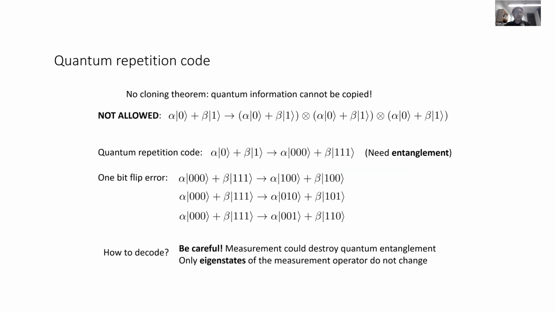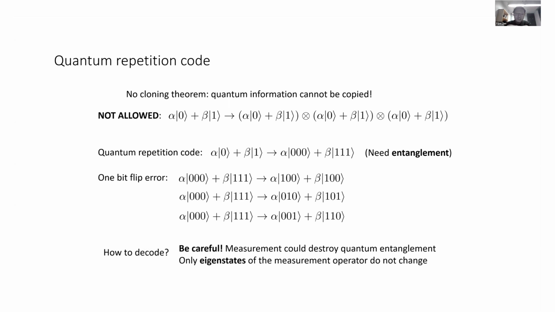And then we will see how this can be generalized into our quantum world, or cannot be generalized into our quantum world. The first obstacle comes from the no-cloning theorem. The no-cloning theorem says that quantum information cannot be copied.